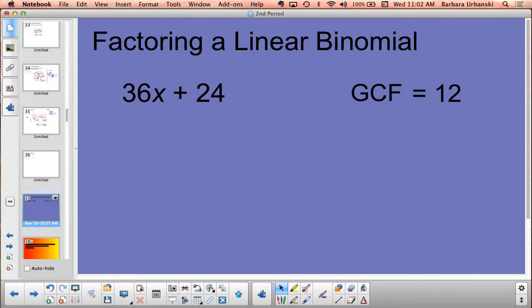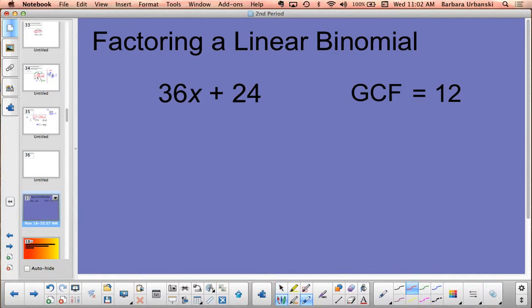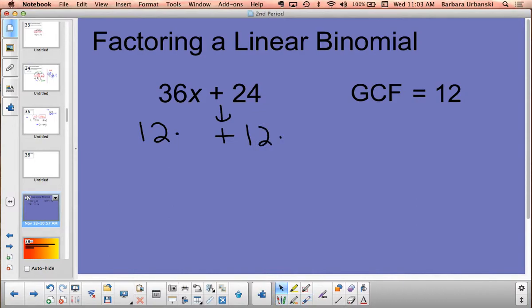So we're going to take a look at the expression that we have, and we're going to ask ourselves, what do we do if the common factor is 12? Factor implies multiplication, so we're going to say 12 times something, keep our sign of operation, which is addition, and then again 12 times something. We ask ourselves, 12 times what will give us 36x?